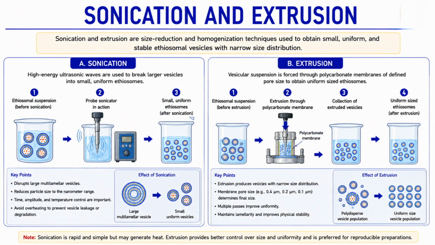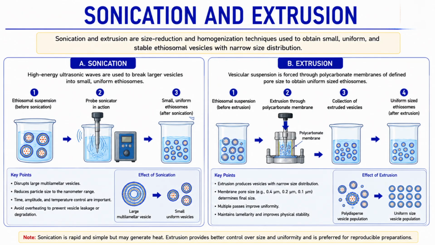Sonication and extrusion. After preparation, the vesicles may be too large or heterogeneous in size. Therefore, the secondary processing step here is sonication or extrusion. Sonication uses acoustic energy to reduce the vesicle size here, and extrusion forces the vesicular dispersion through membranes with defined pore size.